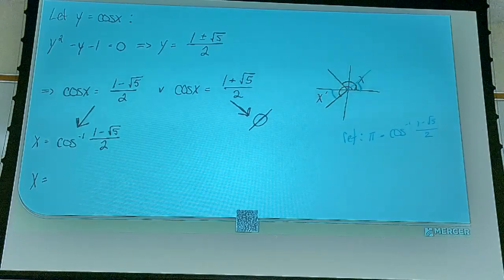Reference. Because I'm trying to find one, should go right back to 2 pi minus the inverse cosine.